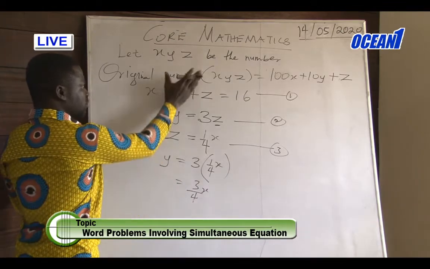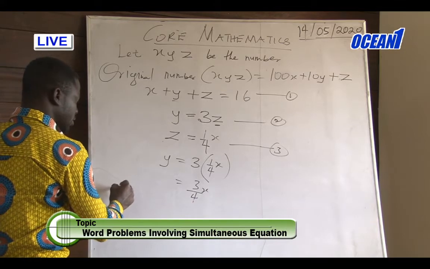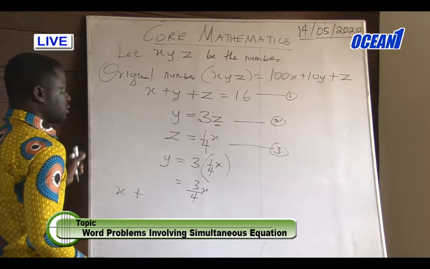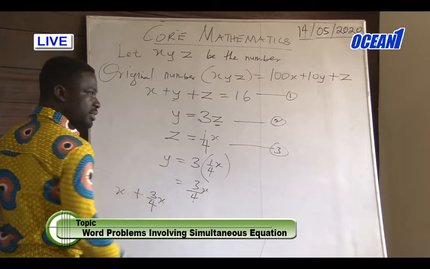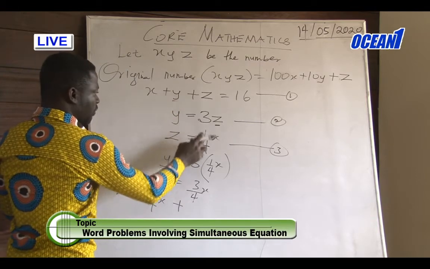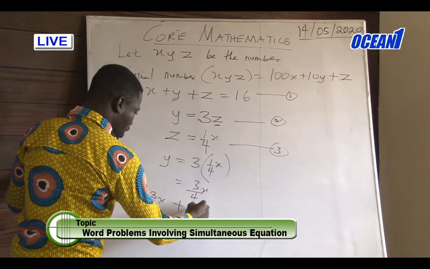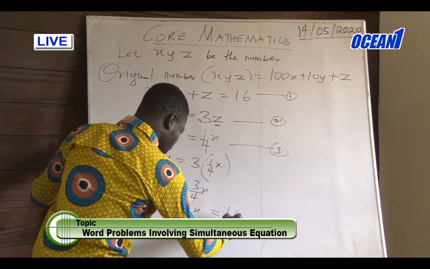So let's do the substitution into equation number 1. From equation 1, x plus y, which is now 3 over 4x, plus z, which is now 1 over 4x, is equal to 16.